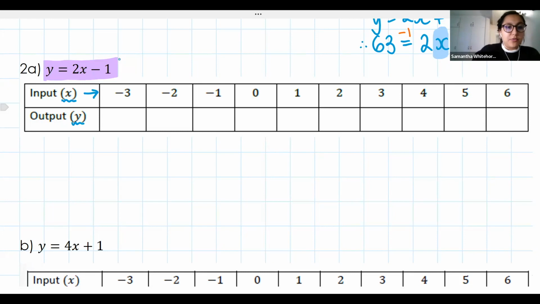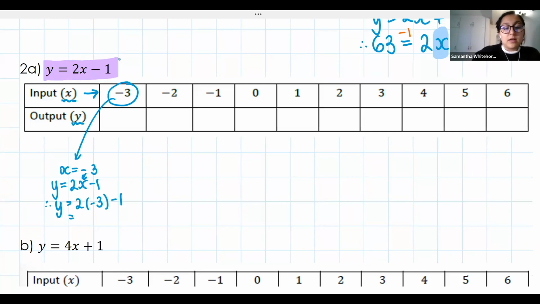For example, the first input value, x is equal to minus 3. I said 3, I meant minus 3, apologies. We have our rule y is equal to 2x minus 1, and we can substitute negative 3 in place of x. So y is equal to 2 times negative 3 minus 1.